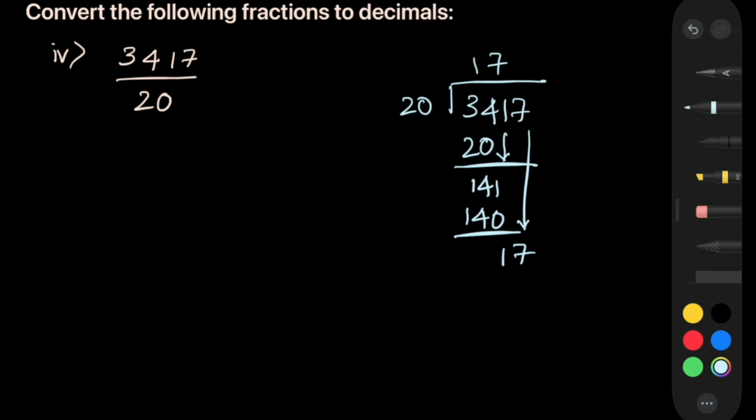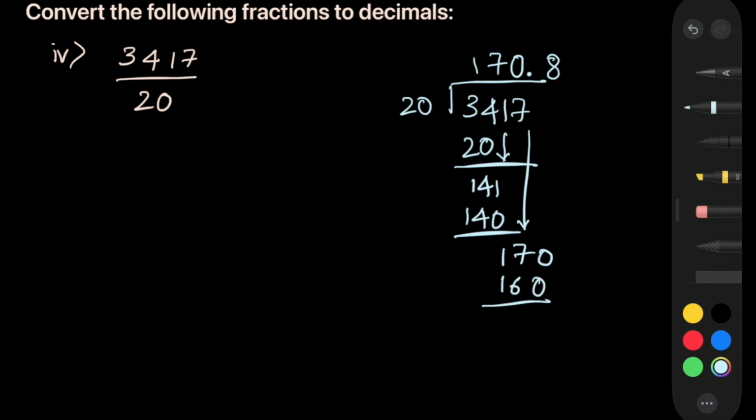20 doesn't go in 17, so let's add a 0 to the quotient. Since 17 is smaller than 20, let's add a decimal point to the quotient and multiply the remainder, which is 17, by 10 to get 170. 20 goes in 170 8 times. 8 times 20 is 160.